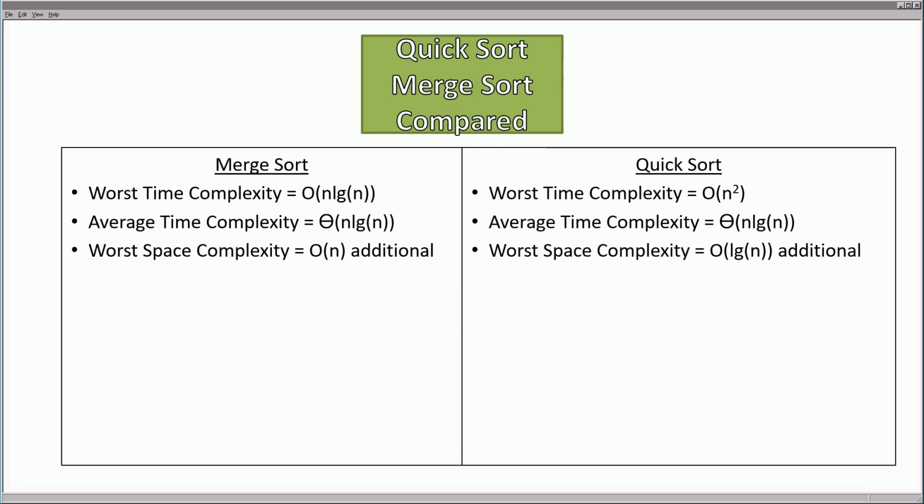It turns out merge sort is also still n log n. However, with quicksort, the cases where we would get an n squared time complexity is kind of rare. And if we were to pick the pivot in a more sophisticated way, we can ensure that the average time complexity for quicksort is n log n.